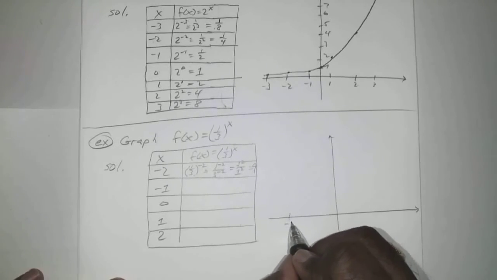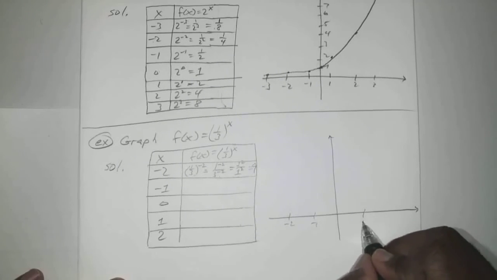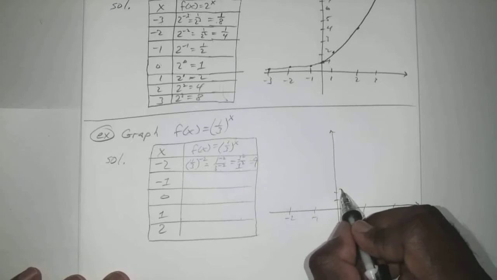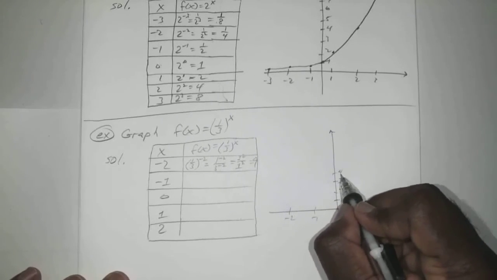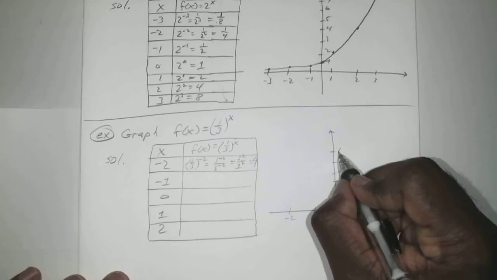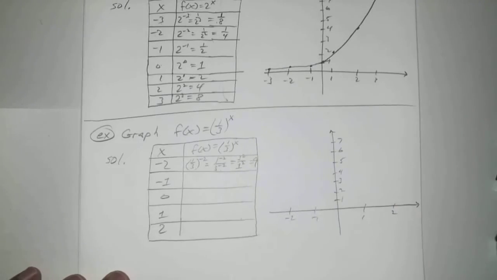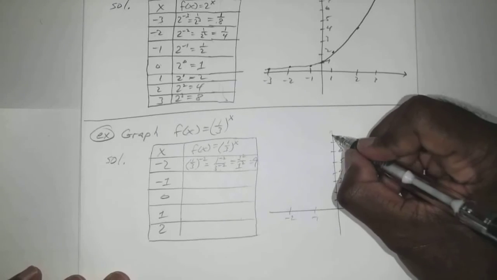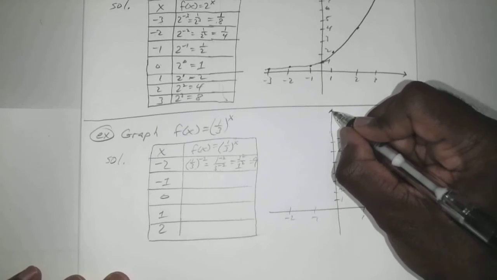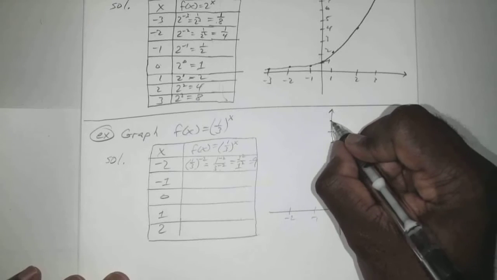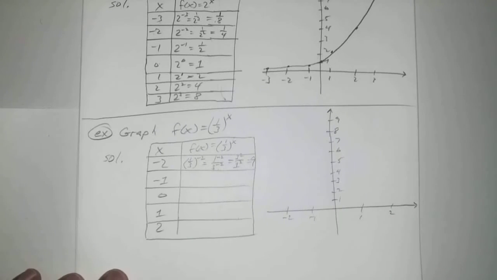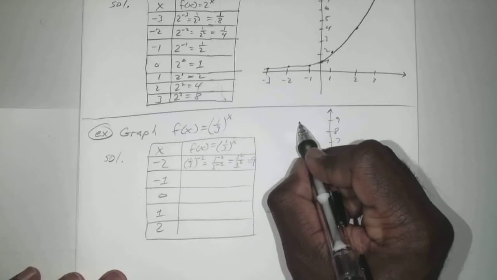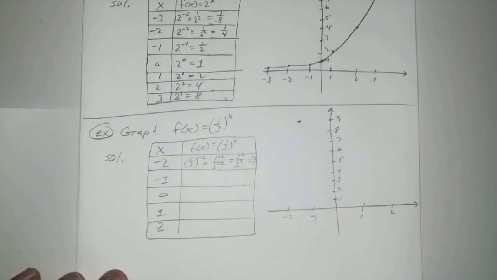We go from -2, -1, 0, 1, and 2, and 2, 3, 4, 5, 6, 7, 8, and 9. Okay, so when x is -2, y is 9. We can go ahead and fill that in.